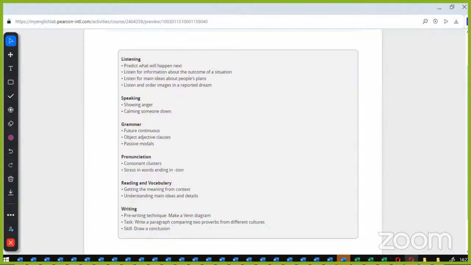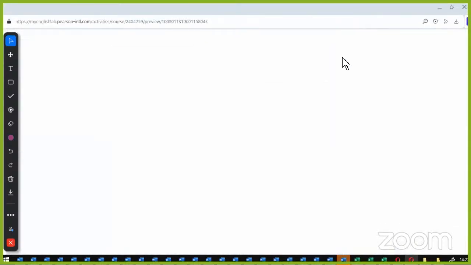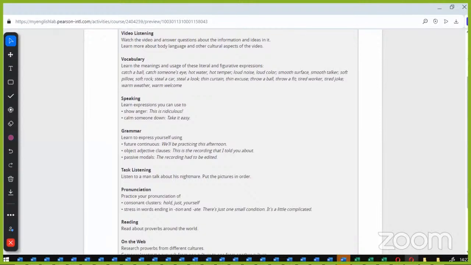Writing: rewriting technique, make a Venn diagram. Task: write a paragraph comparing two proverbs from different cultures. Skill: draw a conclusion. Okay, any question regarding meaning? No, it's okay. Let's read here.